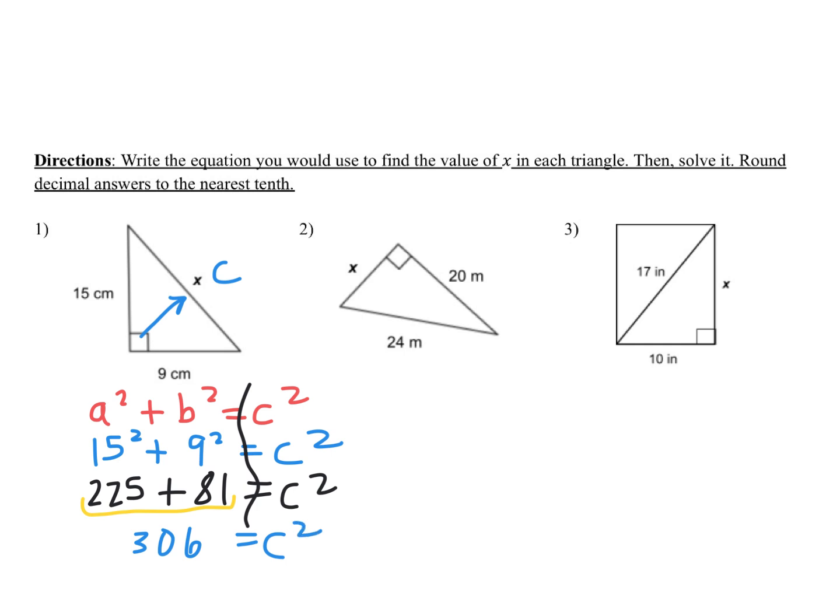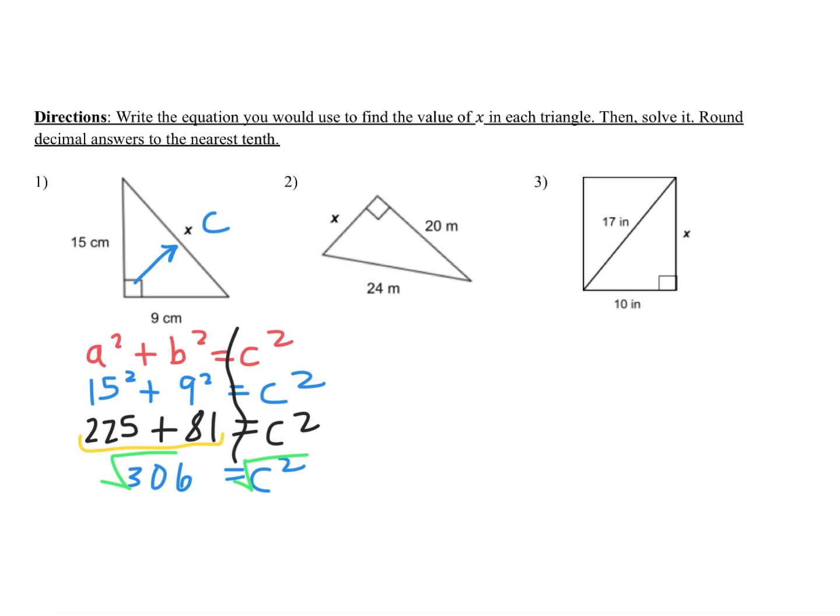Don't forget, you have to do the last step, which means take the square root to get C by itself. And the square root of 306 is approximately 17.5 for C. Then go up to your picture and place 17.5 in the picture to make sure that your answer is reasonable, which it looks like it is.